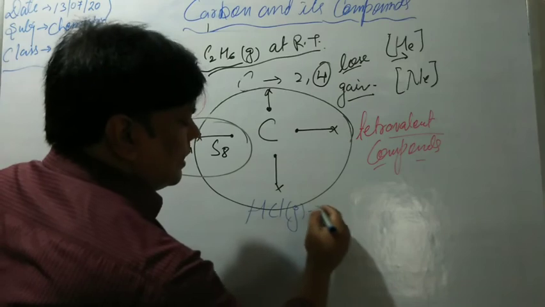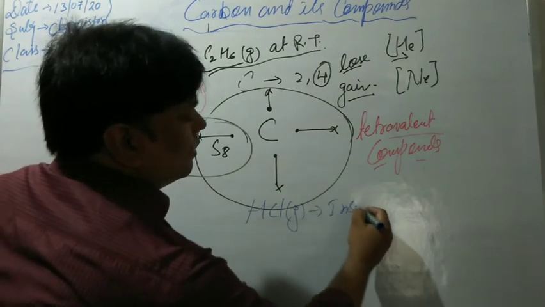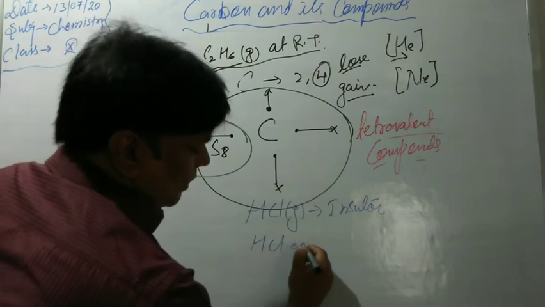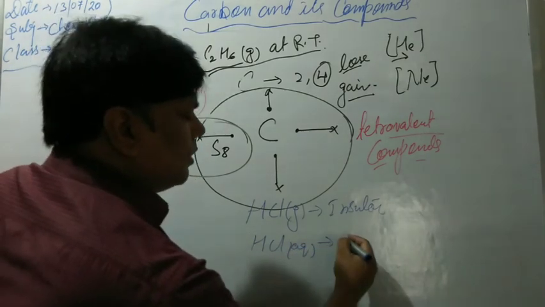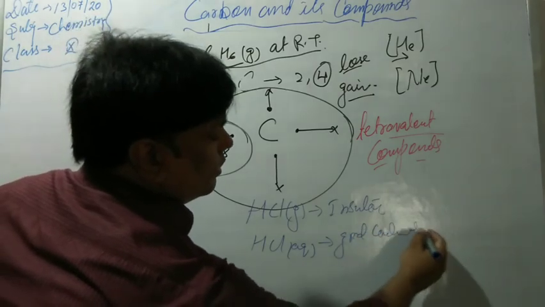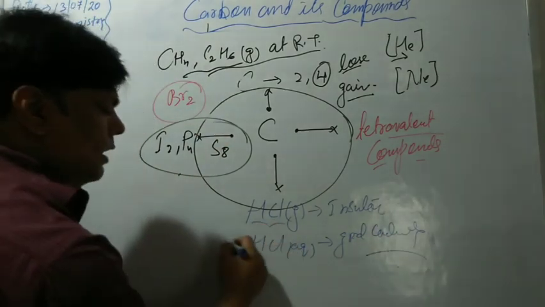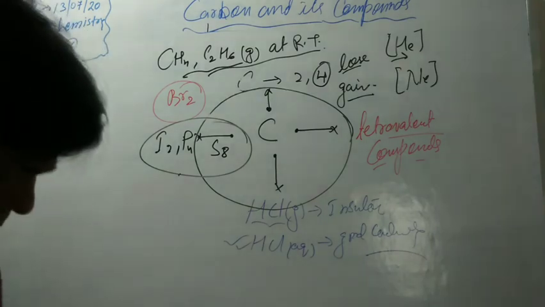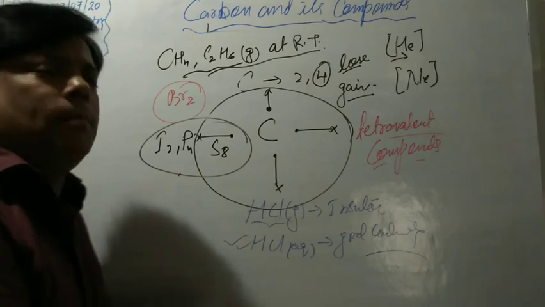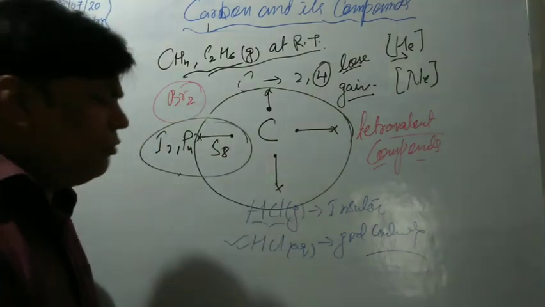HCl gas is an insulator, but aqueous HCl is a good conductor. That is an exception. Otherwise, most covalent compounds are not soluble in water.